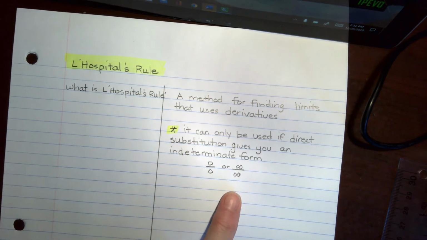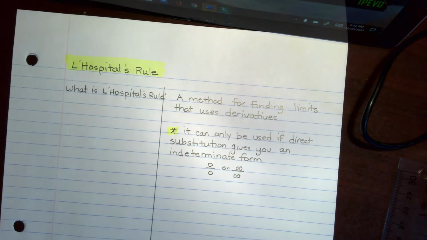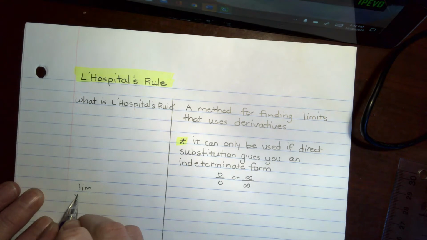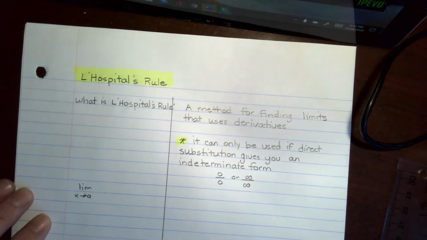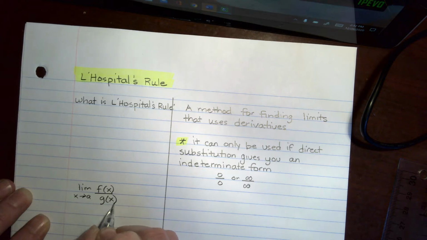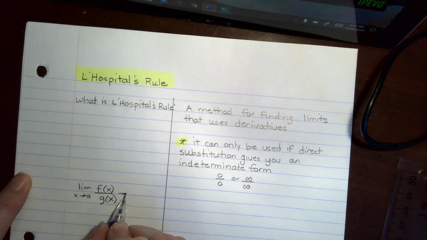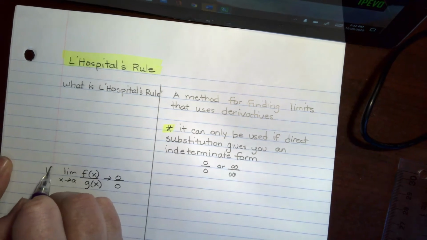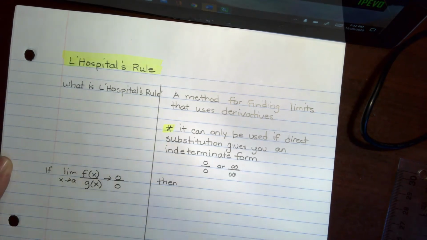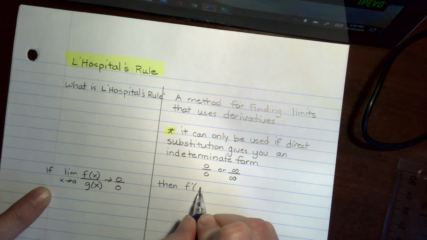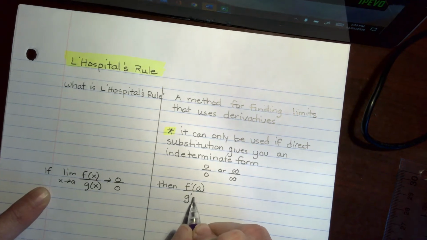Okay, so what it tells you that you can do is that if you get a limit that is in the indeterminate form, so say that we have the limit as x approaches a of f of x over g of x, and when you do this you get 0 over 0, then what we can say is that it is going to equal f prime of a over g prime of a.